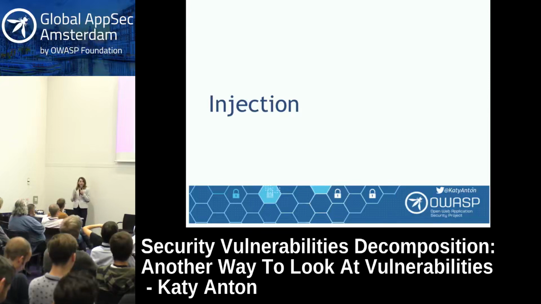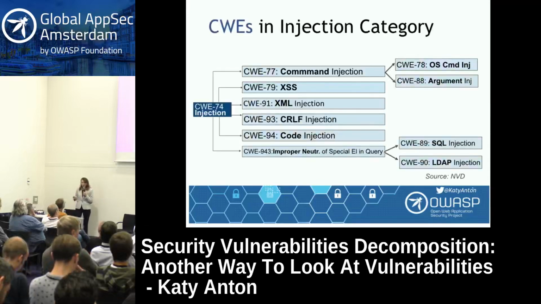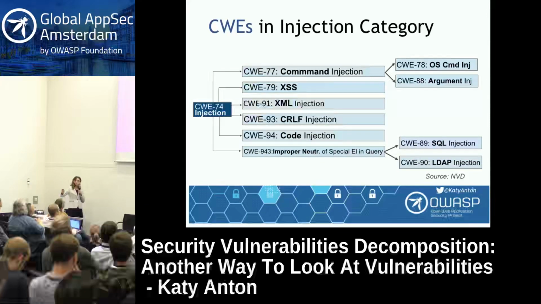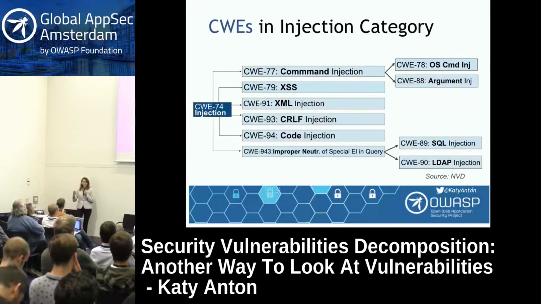As a category, it contains multiple types of injections. You have command injection, cross-site scripting, code injection, XML injection, LDAP injection, SQL injection, just to name a few. And if we go a little bit further into details in each of these, then you can have further classification of all of these injections.